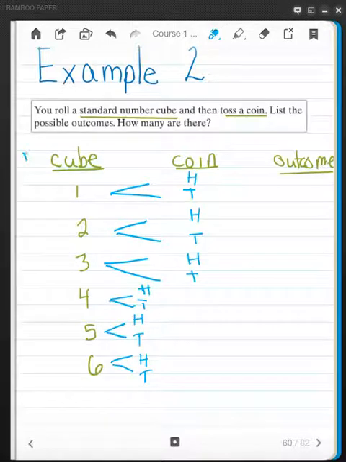So this is the first event. Event number 1, I roll a cube. Event number 2, so what I do next is then I flip a coin. So then I follow the lines for my outcome. So if I roll a 1, I can get a heads. So 1, heads. Or I can roll a 1 and get a tails. 1, T. So here are my first 2 outcomes.